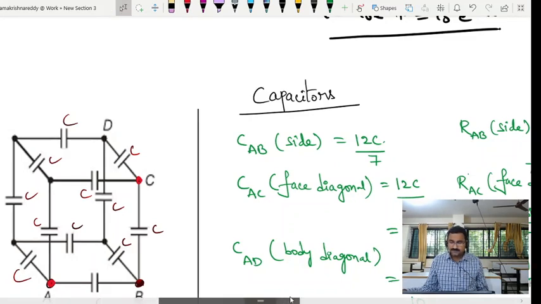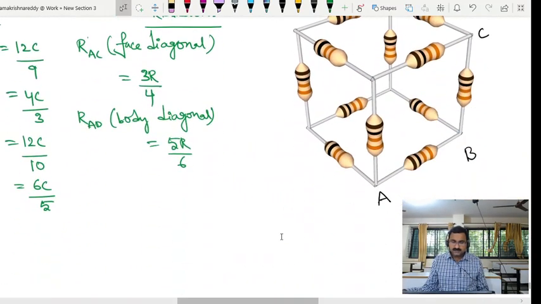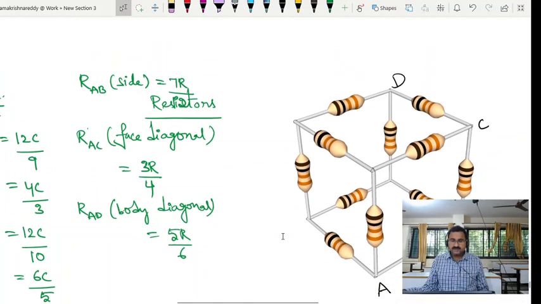So this is the next one, resistors. See what is the difference between them.